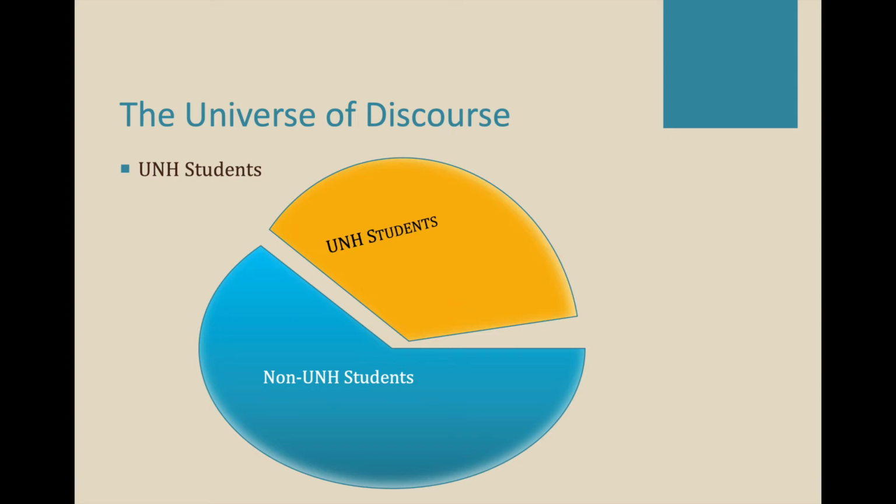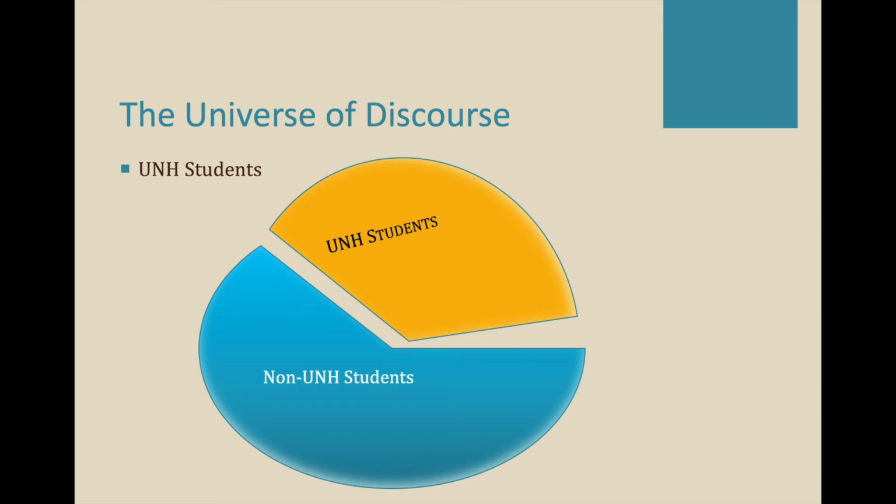So thinking about this in terms of the natural universe, the class of UNH students would be the same, that it would contain those people who are enrolled and pay tuition at the University of New Hampshire. And then the class or category, the complementary class or category of non-UNH students would be everything else in the natural universe.